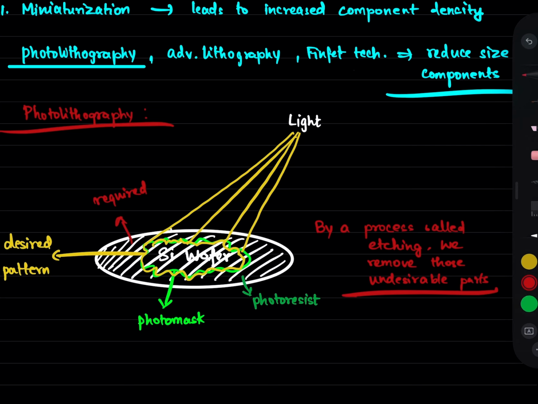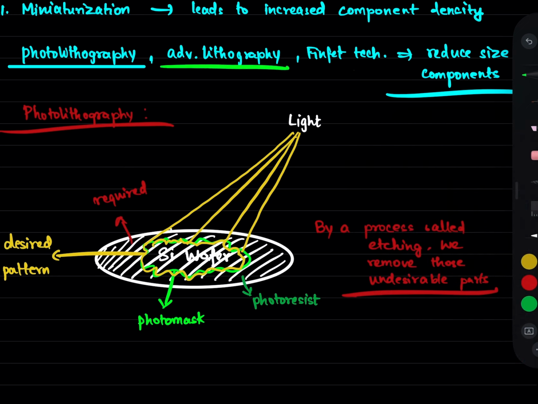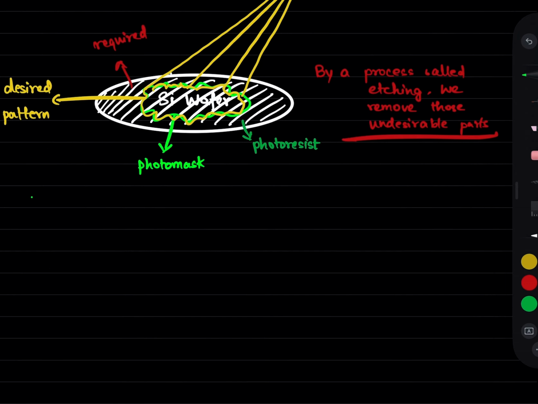So looking at another type of technology which is used to reduce the size of the components used in ICs, these include advanced lithography techniques such as extreme ultraviolet lithography. So what is this extreme ultraviolet lithography? What does this mean?